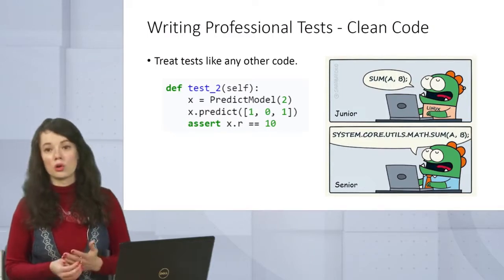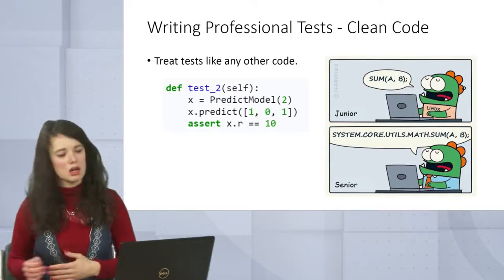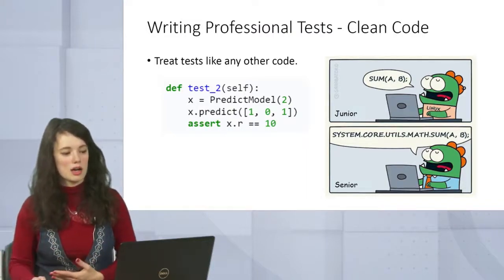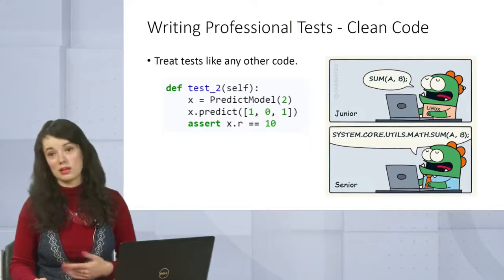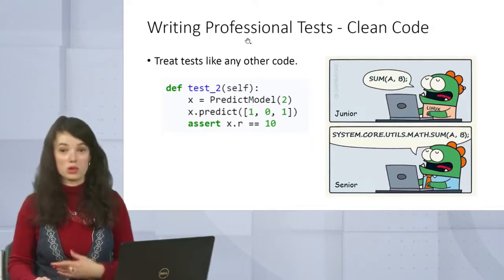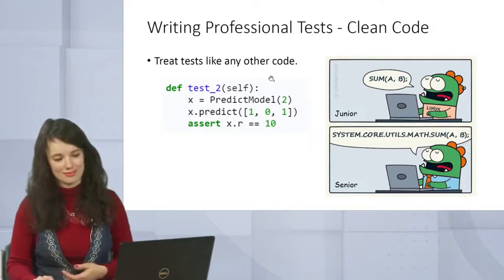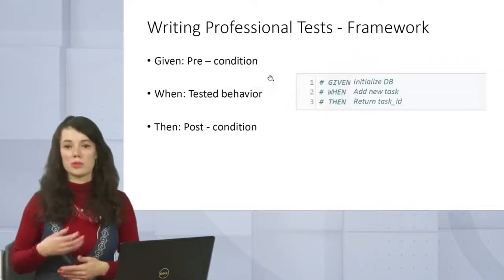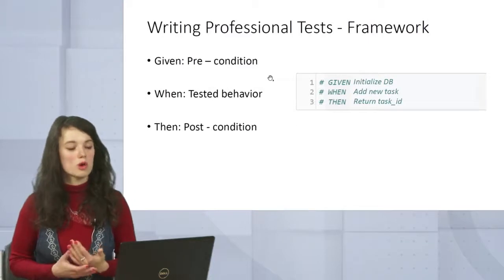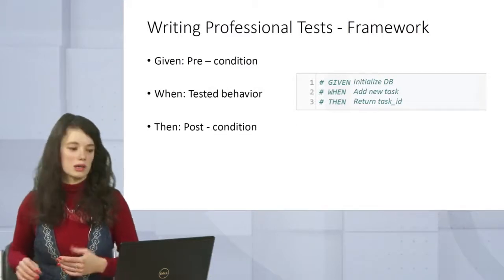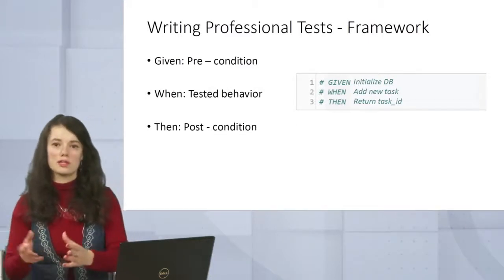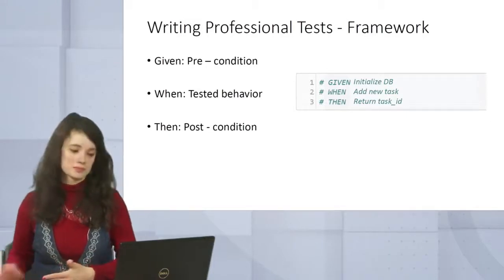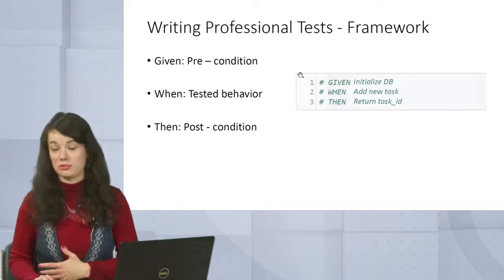It's not right to overcomplicate tests, but they should be easy to read and easy to understand, not like the one in the picture. For testing, you may want to use a framework with different parts, for example your given part, the counting part, and the output, but it's optional.